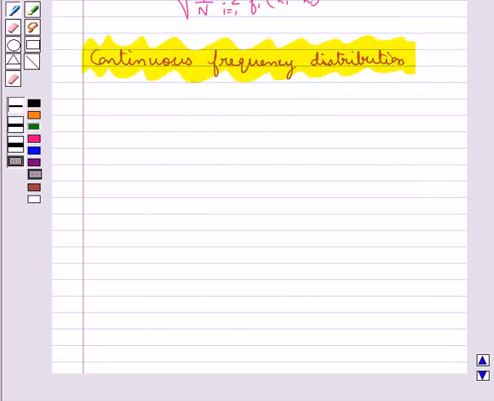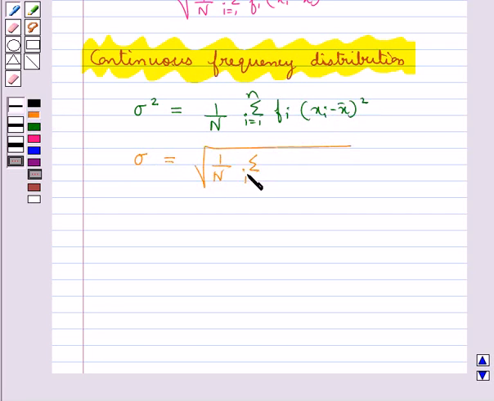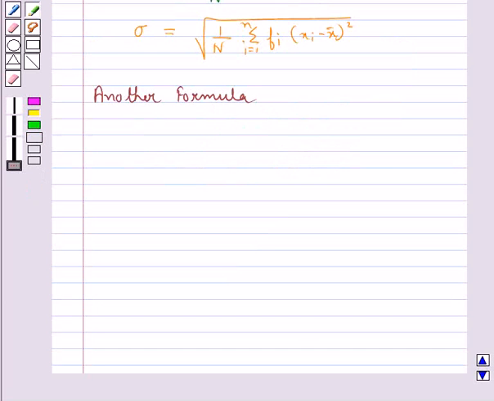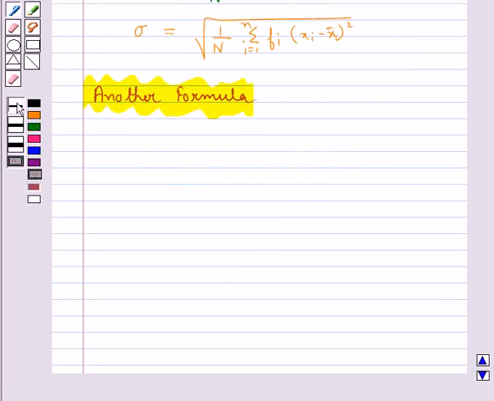The given continuous frequency distribution can be represented as a discrete frequency distribution by replacing each class by its midpoint, and the variance and the standard deviation are calculated by the technique adopted in the case of a discrete frequency distribution by using the formulae given by sigma square, that is the variance, equal to 1 upon n summation i goes from 1 to n fi into xi minus x bar the whole square, and the standard deviation sigma equal to square root of 1 upon n summation i goes from 1 to n fi into xi minus x bar the whole square.